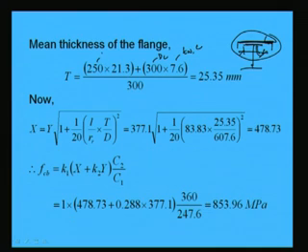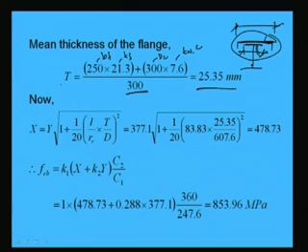The total is 300 into T. In this way we can find the mean thickness as 25.35.